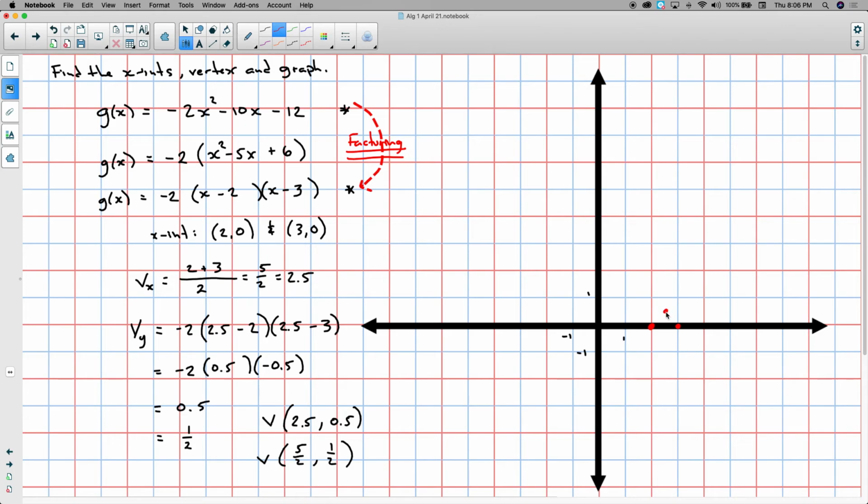And it goes down, but I knew it went down the whole time because it was negative way up here in the beginning. All right, I also know it goes down in a fairly steep fashion. Okay, so I don't need you to do anything other than plot the 3 points and do your best to draw a parabola at this point.